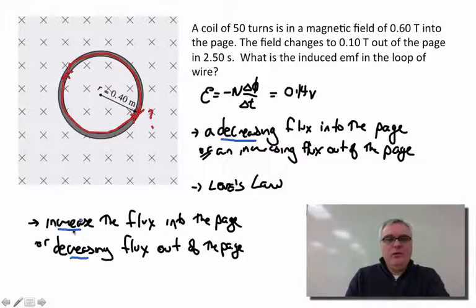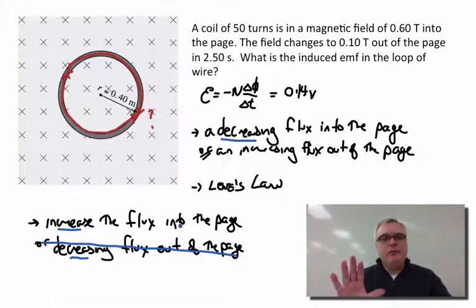So now that I know what the magnetic flux is going to be doing, I need to determine what type of current will create this. Now it's hard to determine a decreasing flux out of the page, so I always try to eliminate anything that is decreasing and just deal with increasing. So if I have a decreasing flux into the page, the opposite must be an increasing flux into the page. So the current will generate a magnetic field. Remember our first right-hand rule.